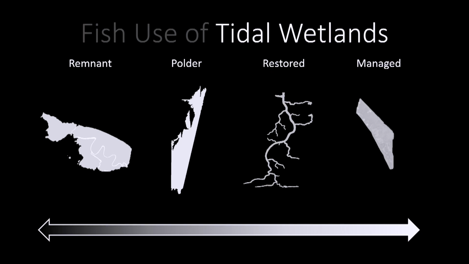This includes remnant habitats, which are often referred to as reference sites, all the way through passive restoration flooded islands, things that accidentally breached or intentionally breached, but there was minimal active sculpting, highly sculpted restored habitats, and then managed wetlands, which provide a really interesting insight into mechanistic function. And also these things don't exist categorically, it's a continuum, right? So every single habitat is its own thing that exists somewhere on this range.